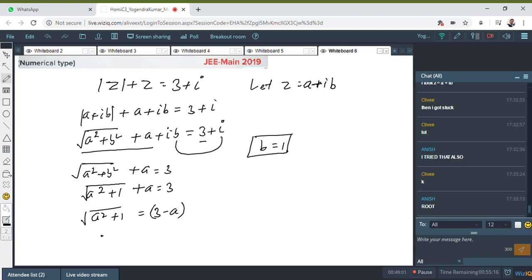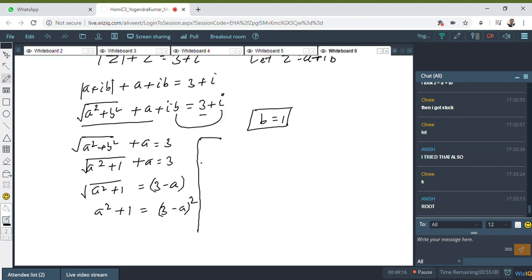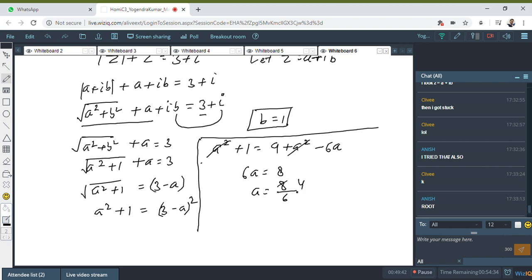We'll square both sides, so a square plus 1 is equal to, I'm doing it here, 9 plus a square minus 6a. The a square cancels, so 6a is equal to 8. a is equal to 8 upon 6, means 4 by 3. So a is equal to 4 upon 3.